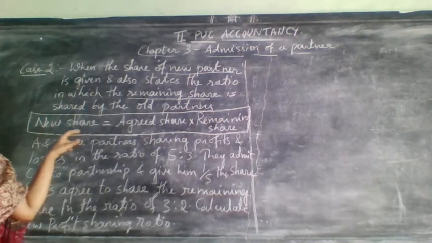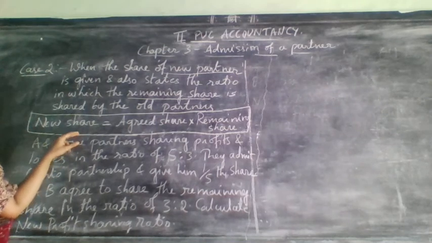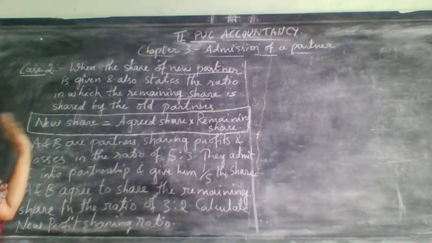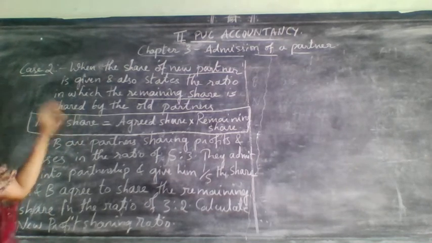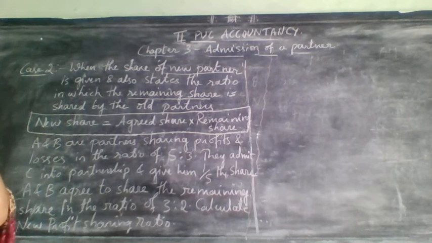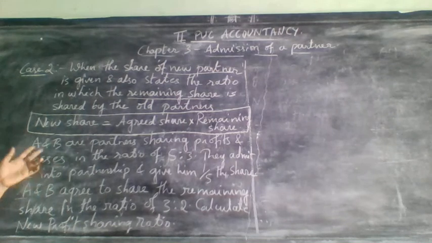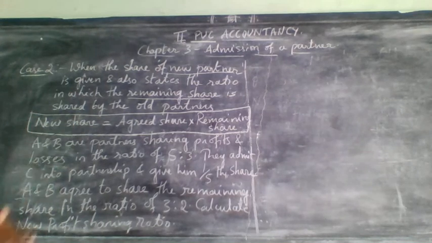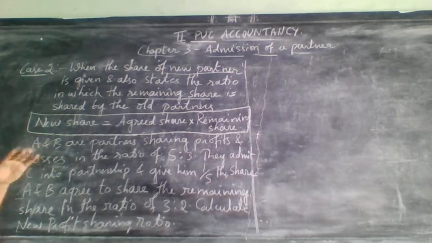This I already explained in the previous class, when you need to calculate the sacrifice ratio. In case 5, I told you that they will ask this type of problem to calculate the new profit sharing ratio and not the sacrifice ratio, because the steps will be more for that. To calculate the sacrifice ratio, we extended one more step there, but here we need to stop at the first step only.